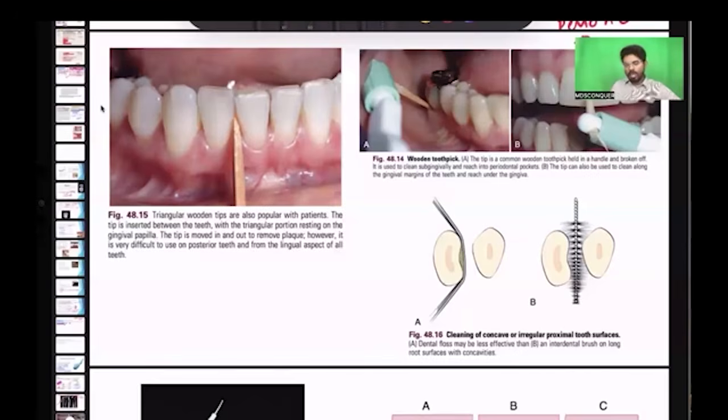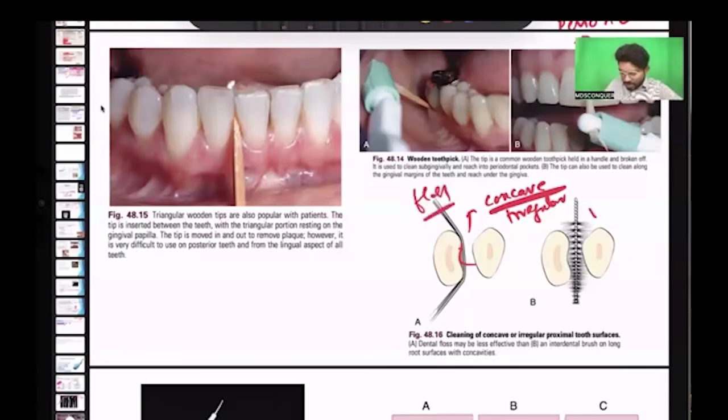And what is the use of interproximal brushes? You can clean the interproximal area with the floss. But whenever you have concave or irregular areas, the floss cannot be used to clean such areas.